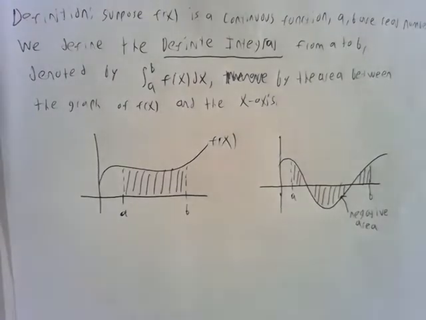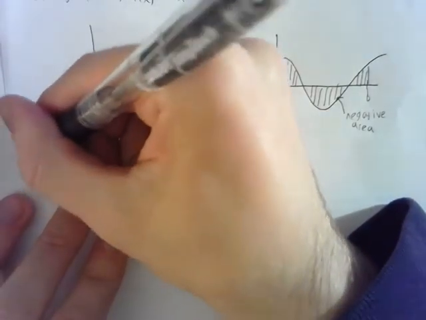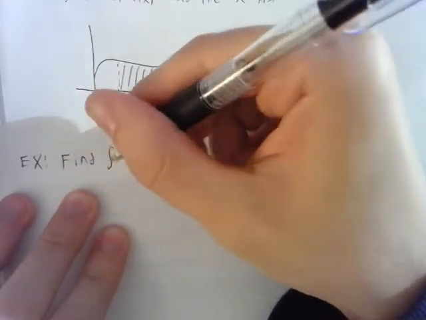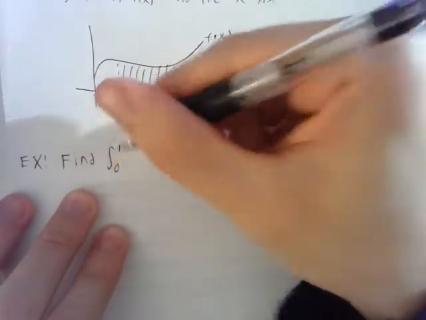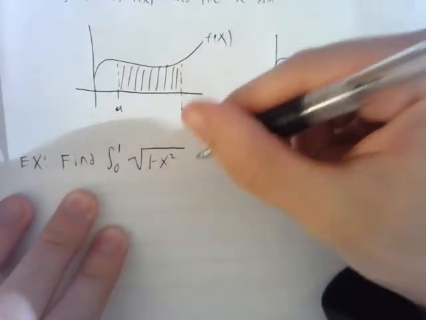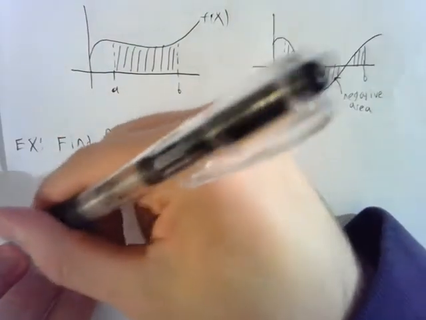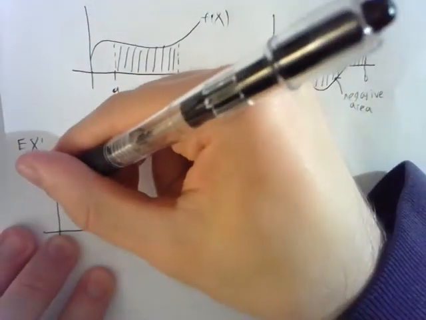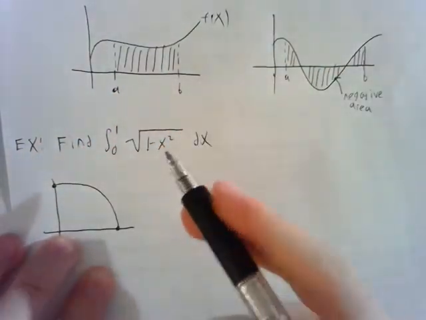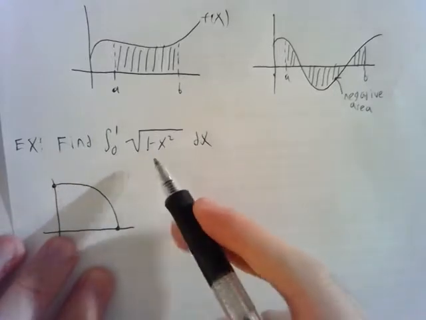Okay, so let's see some examples of how the definite integral works. So suppose we want to find the integral from 0 to 1 of square root 1 minus x squared dx. Well, let's draw a graph of this function. It looks something like this, and you've seen this before because this is what happens if you try to solve for the equation of a circle for y.